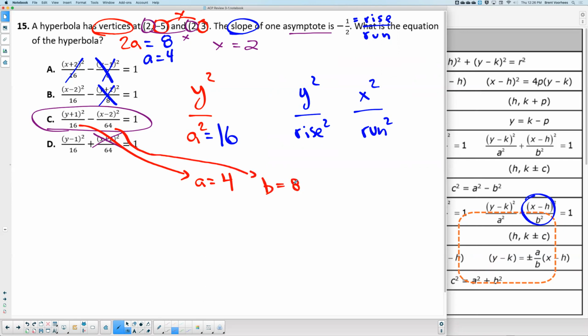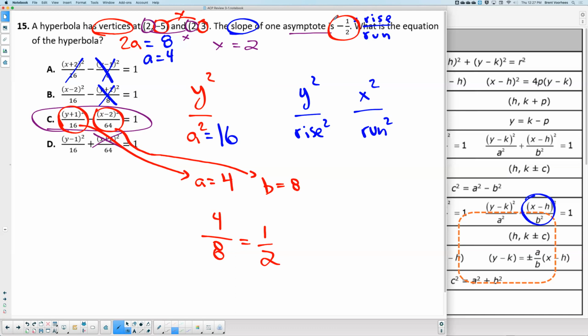If you did rise, which is the y, over the run, 8. What's 4 divided by 8? 1/2, and that's where that came from. So that's how that would matter, if you could eliminate the options that did not have a rise over run of 1/2.